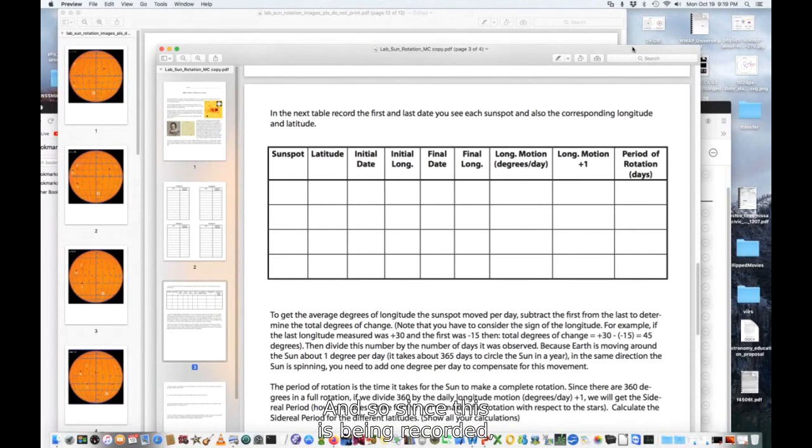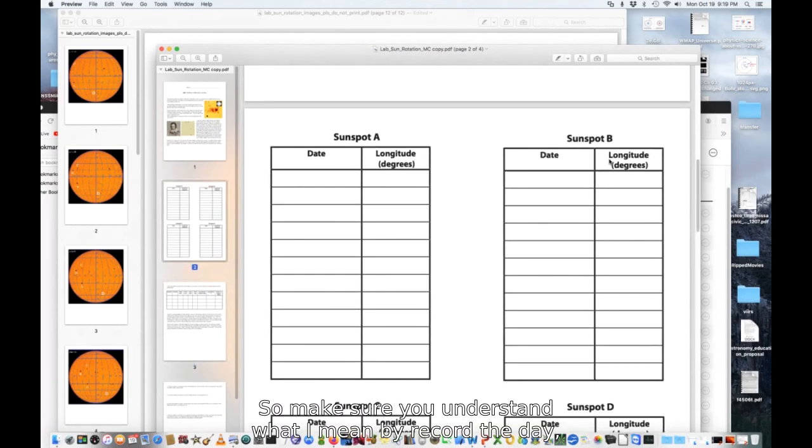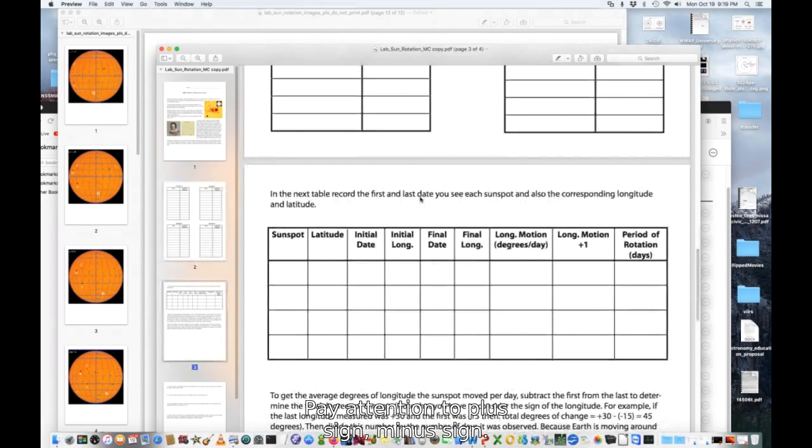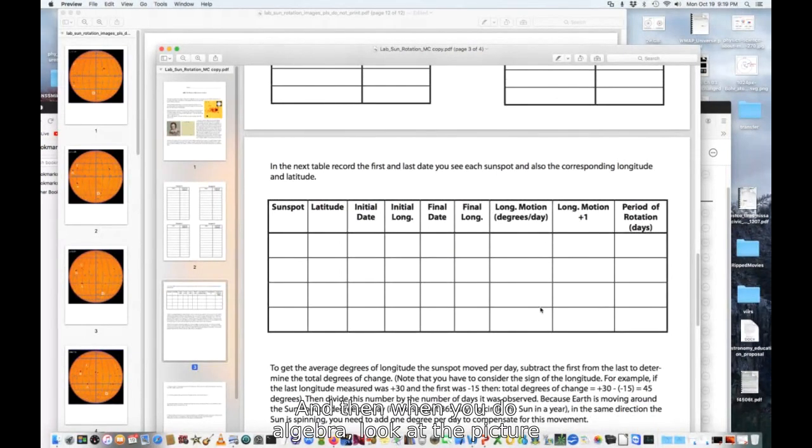And so since it's just being recorded, and I think that's enough instruction for you, so make sure you understand what I mean by record day, record your longitude, pay attention to plus sign, minus sign, and then when you do algebra, look at the picture to see what makes sense. And when you do the day, make sure you're counting the actual number of days, not just what you're labeling. Make sure you add 1 to it to compensate for the motion of the Earth's orbit, which is 1 degree per day.